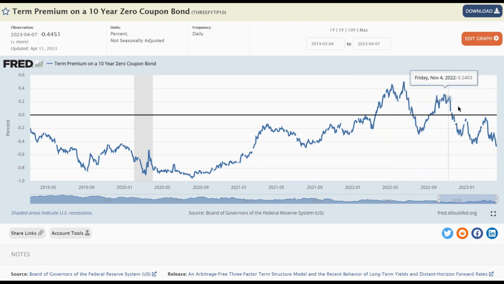Ever since then, it's been falling, and if you have a look at what that looks like superimposed on an equity chart, it very much matches the peaks and troughs of equities trading throughout that period, and also of interest rates.